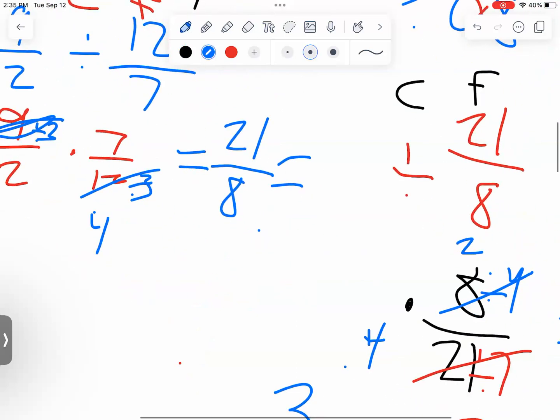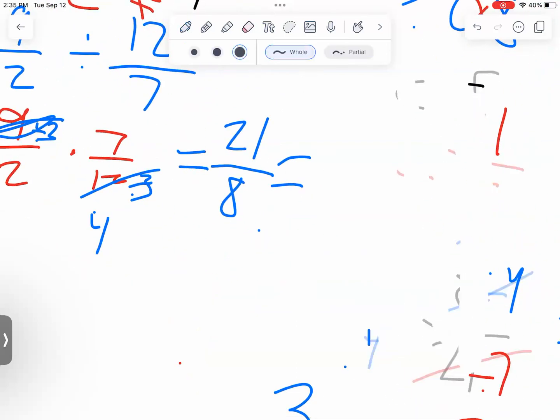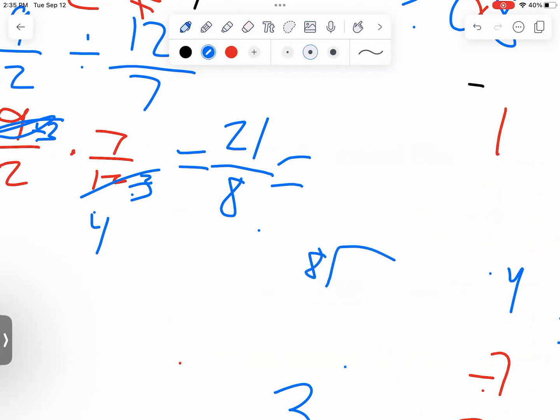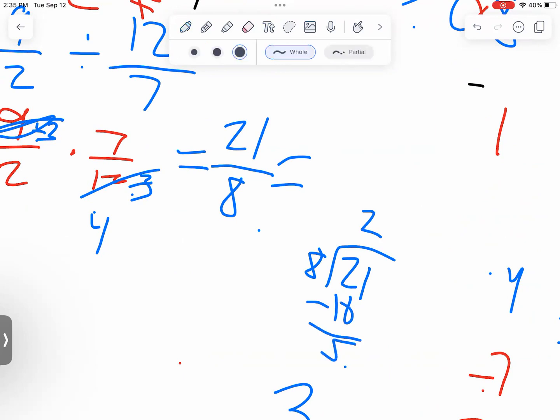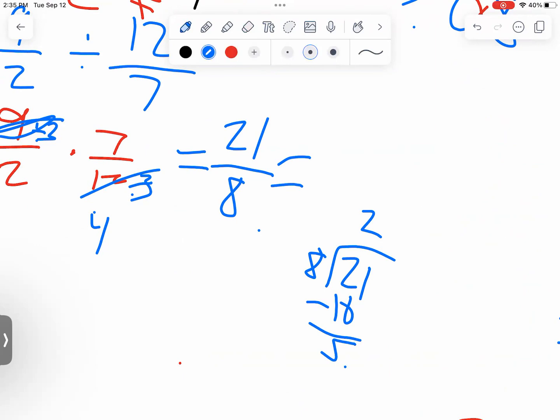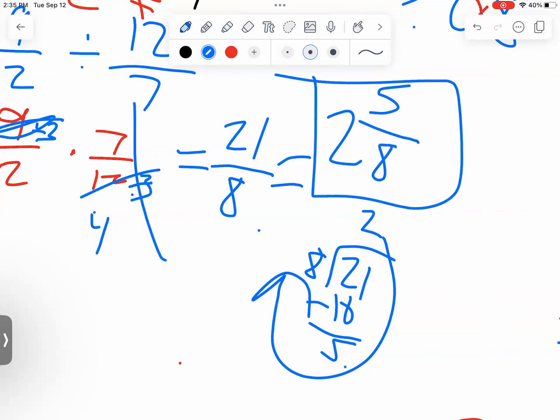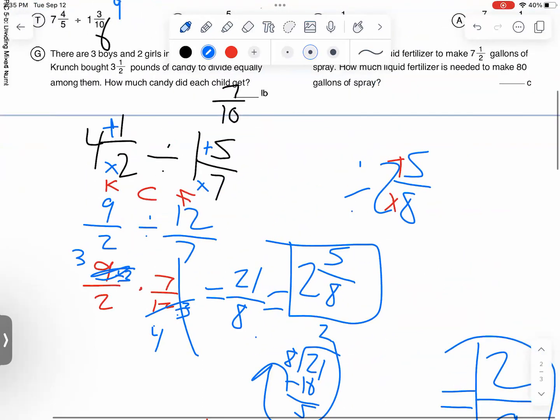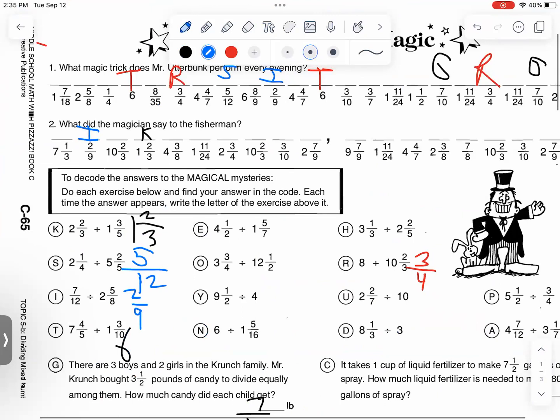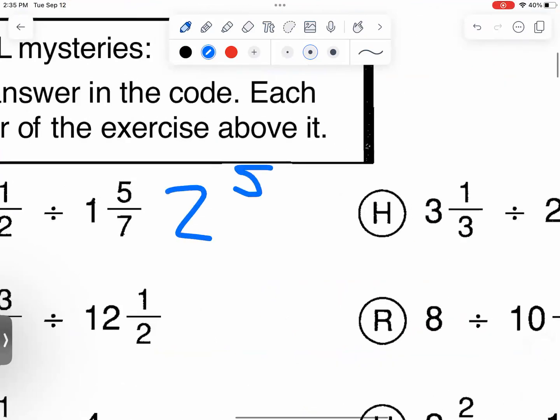All right, so 8 goes into 21. 8 times 2 is 16, with a remainder of 5. So we read this like this: 2 5/8. So for letter E, we have 2 5/8.